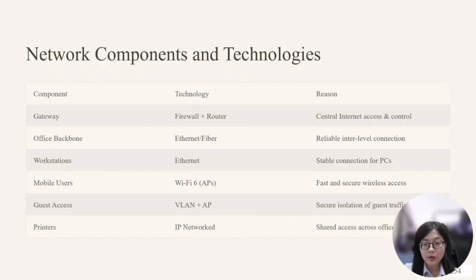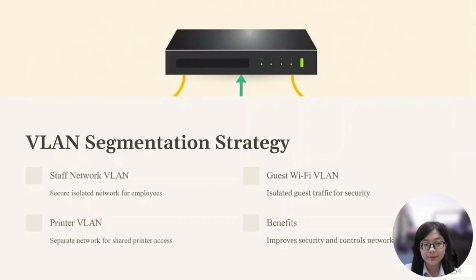Mobile users will connect using a Wi-Fi 6 access point, offering fast and secure wireless performance. Guest access is separated using VLANs and separate IP ranges to ensure their traffic doesn't interfere with internal systems. Finally, our printers are IP network printers, allowing users from both floors to print easily.